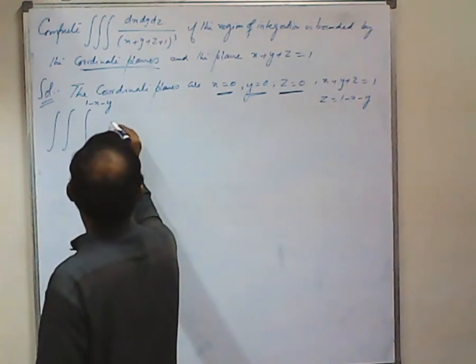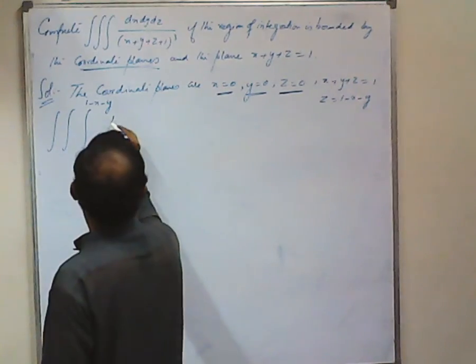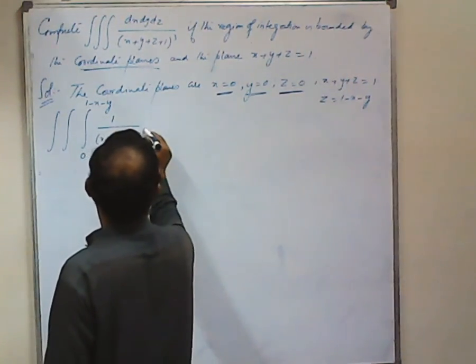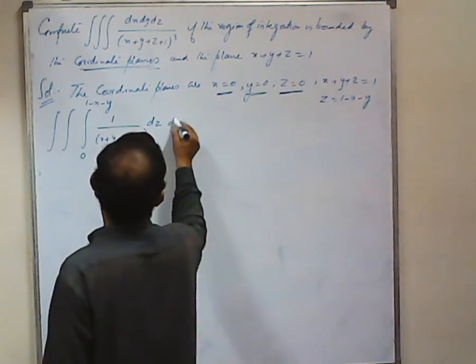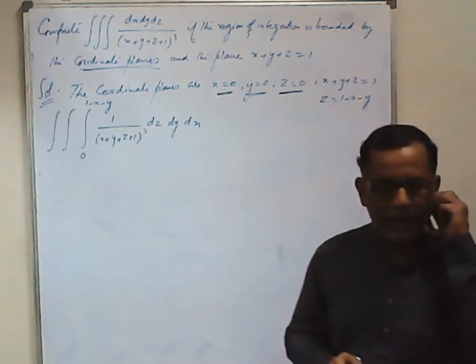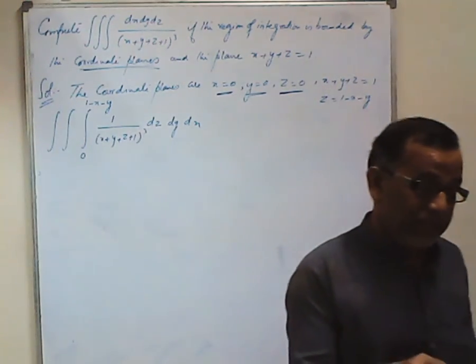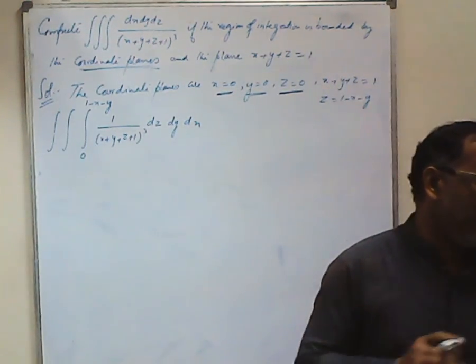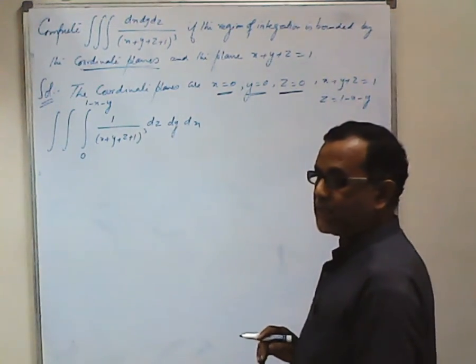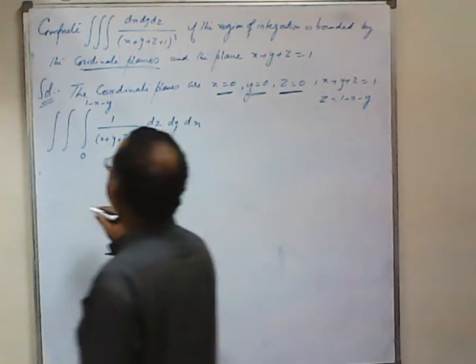Then we have 1 upon x plus y plus z plus 1 whole cube dz dy dx. So integration of z will be tried first with respect to dz dy dx. And what will happen?